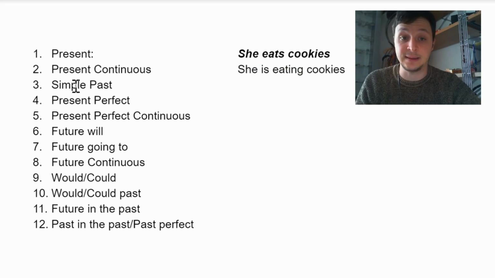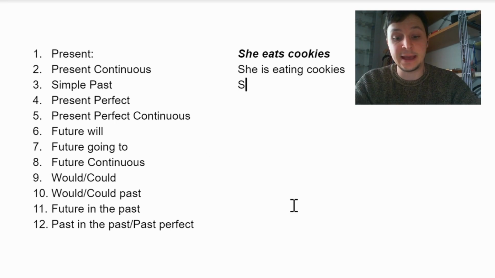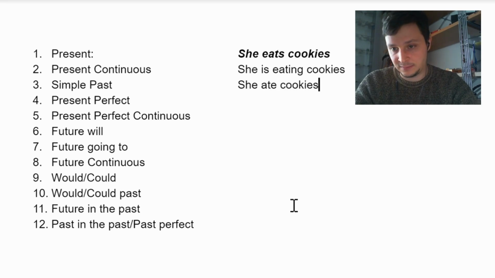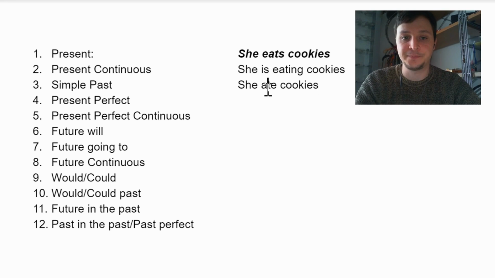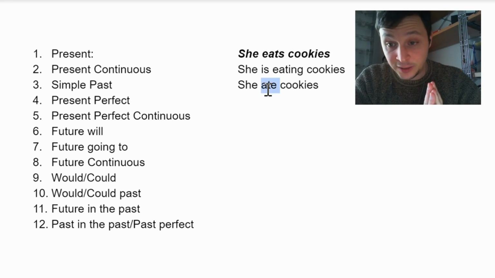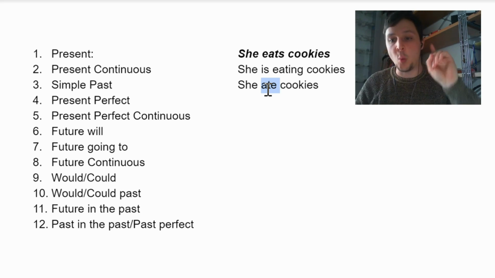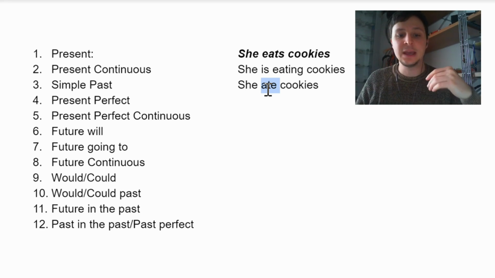Let's go to simple past. Simple past, what's the past of eat? Ate cookies. Okay? She ate cookies. Here's a secret about simple past. It's always only one word. Simple past is not two words. For example, in Italian you say succedere è successo.